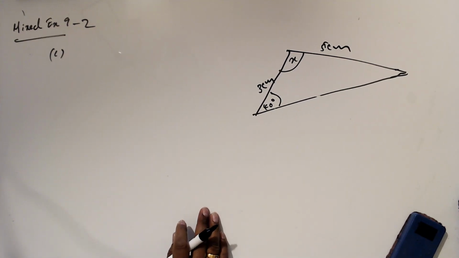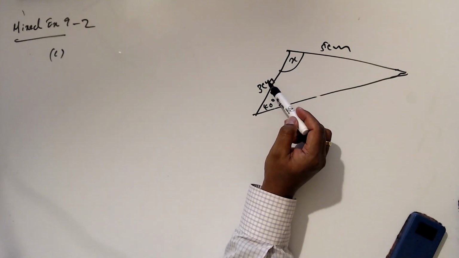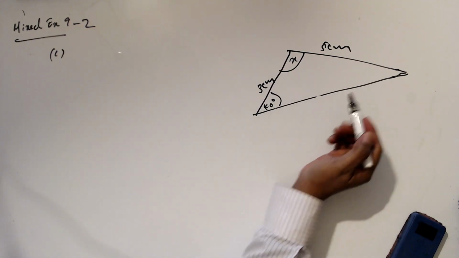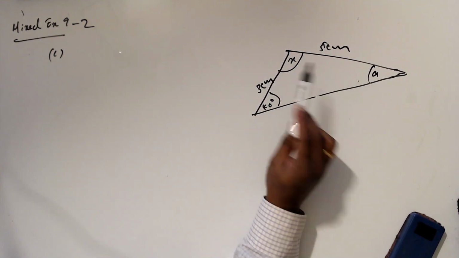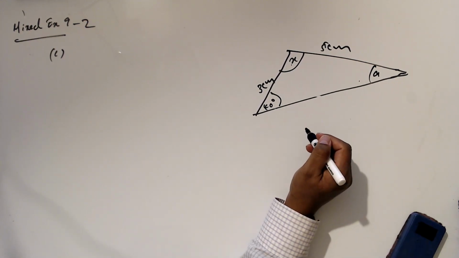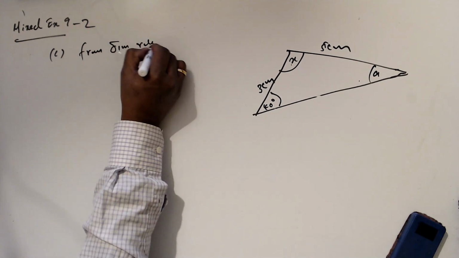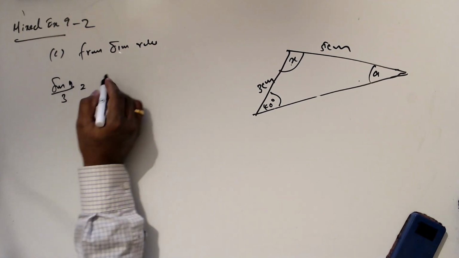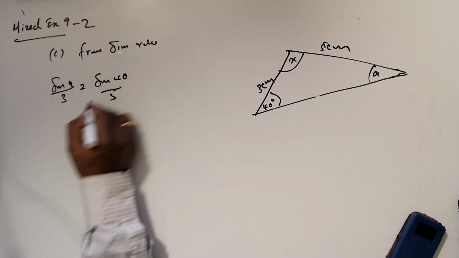Part C, we have two distances and one angle, and I take this as A. I can find A, then I can find x, then half AB sine C because I know x. From sine rule, sine A over 3 equal sine 40 over 5.